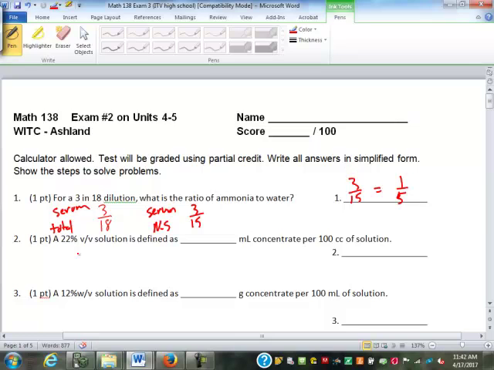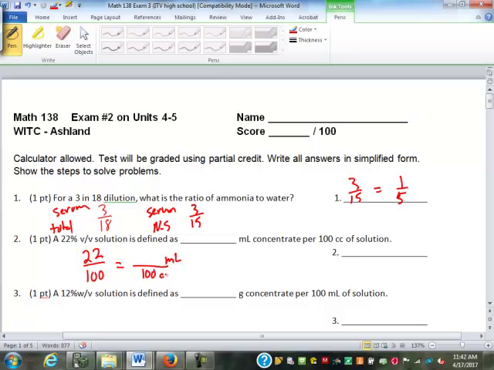Next, a 22% volume and volume solution is needed. How many milliliters of concentrate per 100 cubic centimeters of solution? So 22% of course means 22 out of 100. Volume and volume means both units must be in volume. Well, this missing unit on top is already in milliliters.